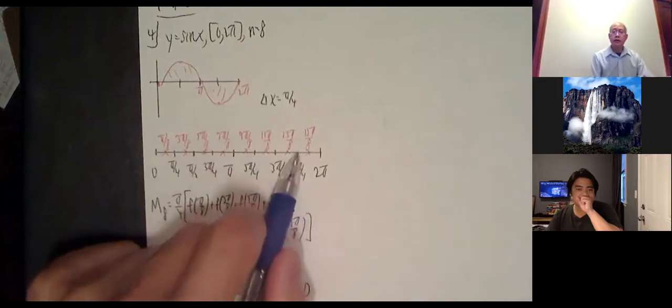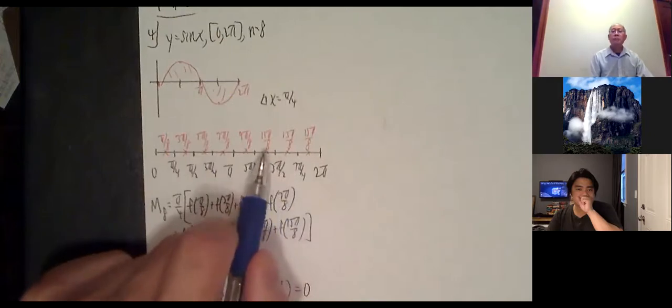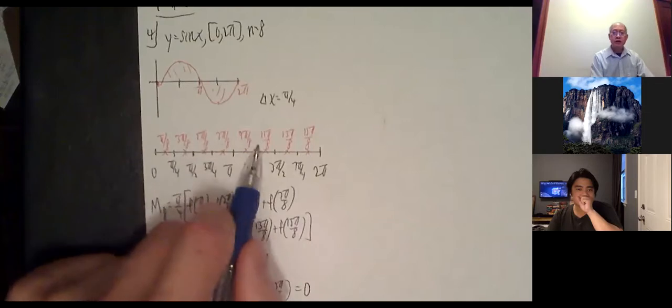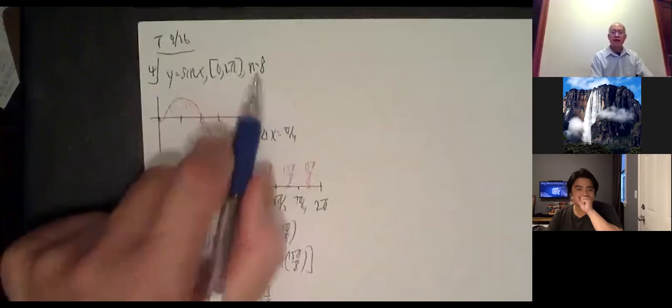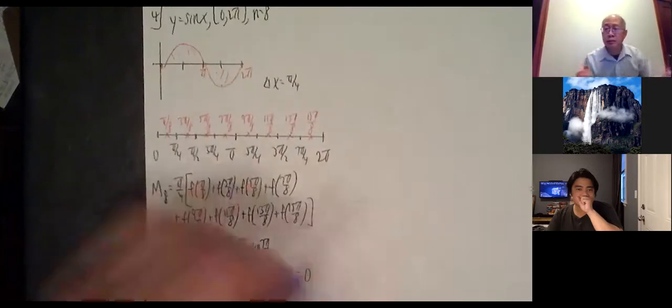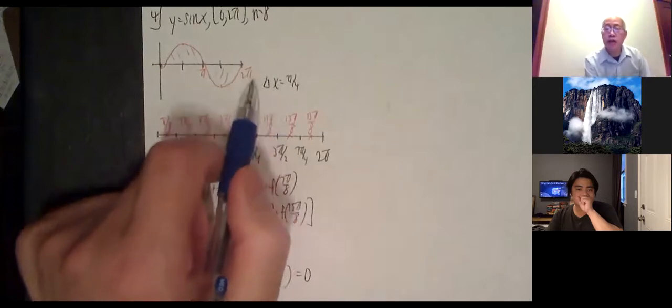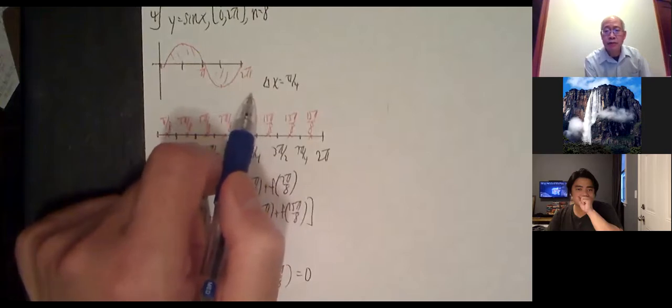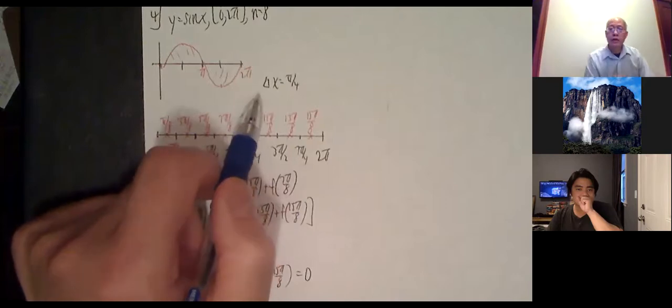How many midpoints are there? 1, 2, 3, 4, 5, 6, 7, 8. My n is 8. So the number of midpoints matches the n, but for the trapezoidal rule and Simpson's rule, there's going to be one more. If you have n pieces, you have n plus 1 endpoints for both the trapezoidal rule and Simpson's rule.